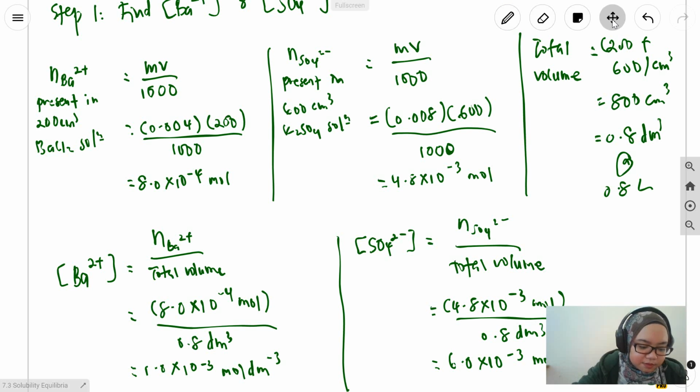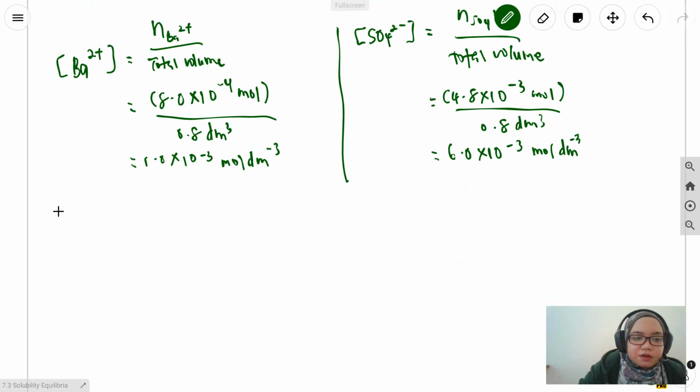Okay. Bila you dah dapat concentration for both Ba2+ dengan SO4 2 minus, step 2, you can find Q. So you know Q sama dengan KSP nak cari.